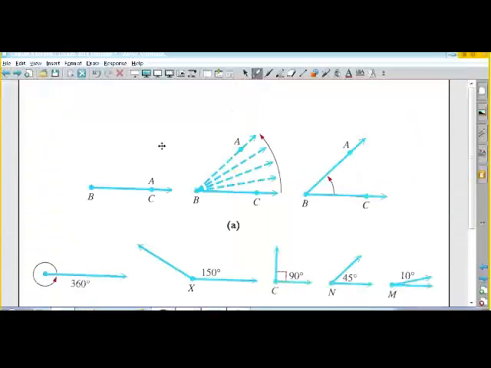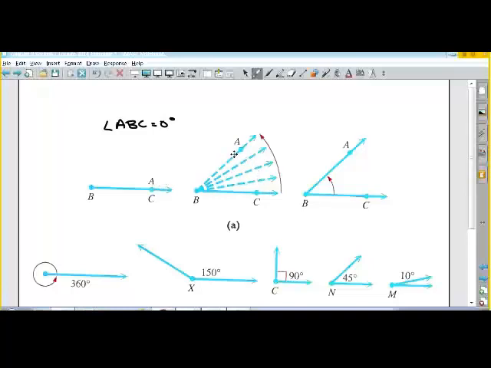Yeah, so here are some, these are out of your book. So this angle would be a 0-degree angle. I don't know if there's a special name for that, because what we have are 2 rays. We have ray BA and ray BC, and they're right on top of each other. So in this case, angle ABC has a measure of 0 degrees.